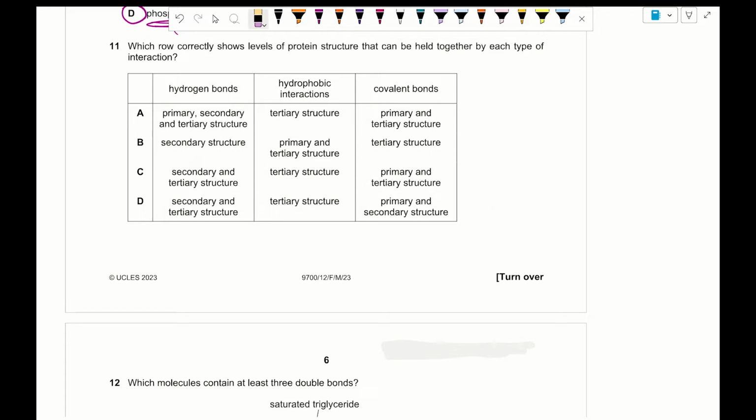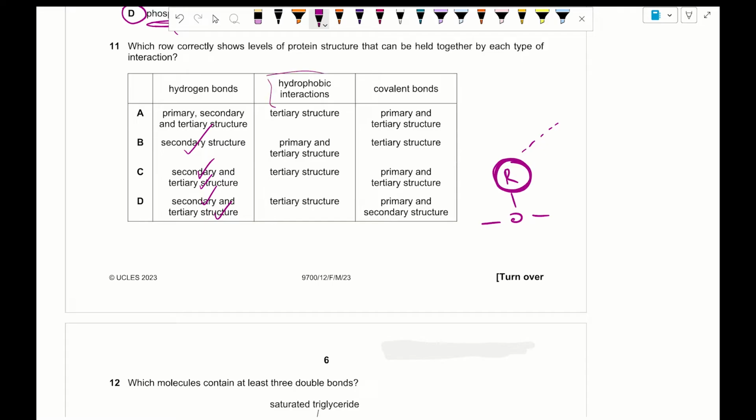The peptide bonds are able to form hydrogen bonds with each other at the secondary structure. And in the tertiary structure, there are the R groups of the amino acid, which can therefore form hydrogen bonds with other R groups. So that's the key difference. Therefore, C and D are correct so far.